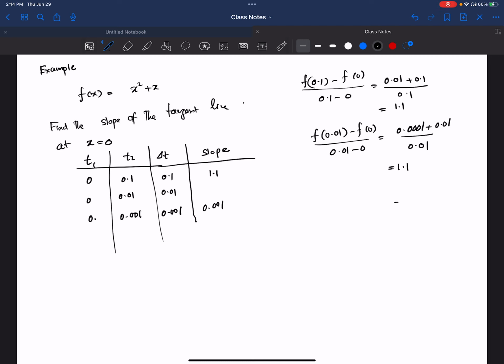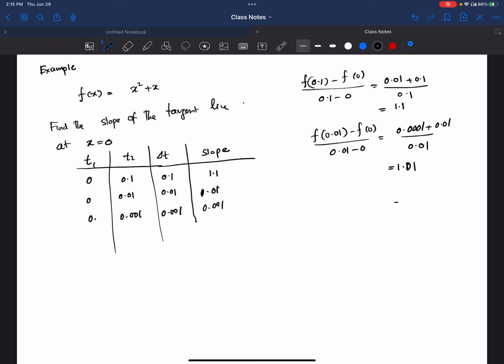Okay, so the second one is 0.01 times 0.01 plus 0.01 divided by 0.01, 1.01.